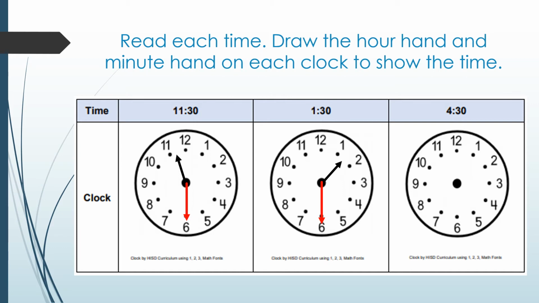The last clock says 4:30. Again, 30 minutes is halfway, so we know our hour hand will be halfway past 4, in between 4 and 5, with our minute hand directly down at the 6. So now both clocks say 4:30.